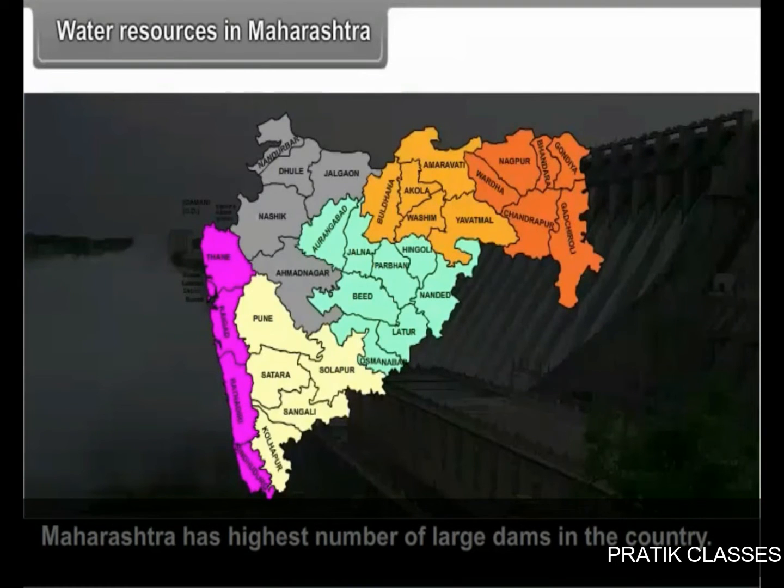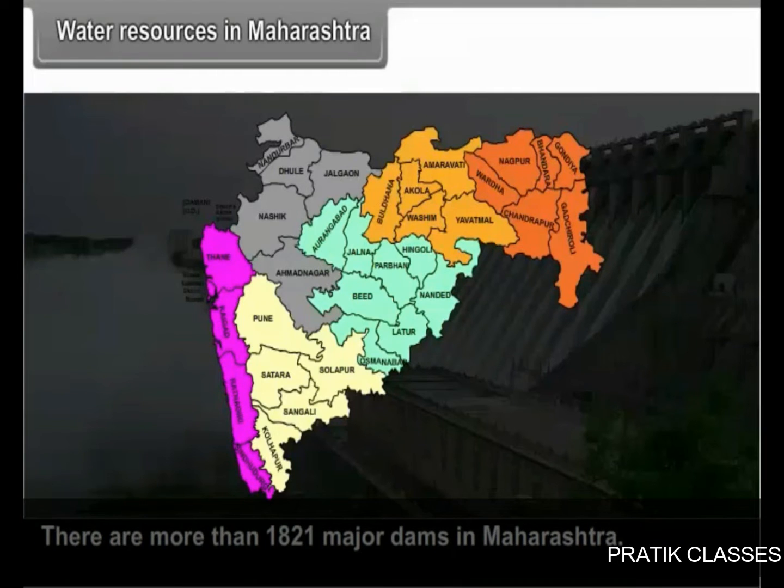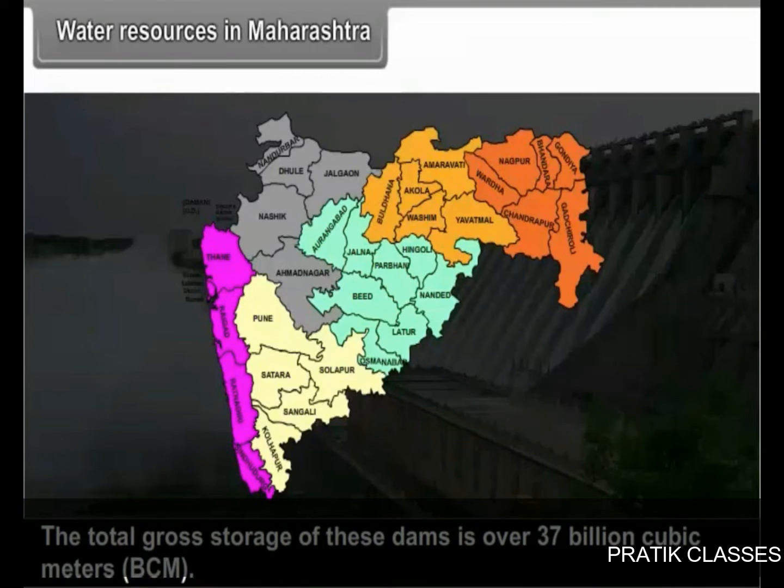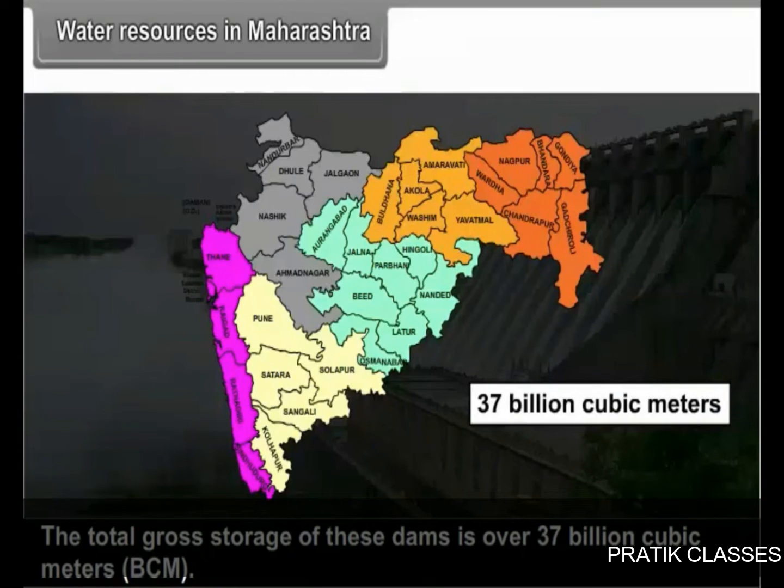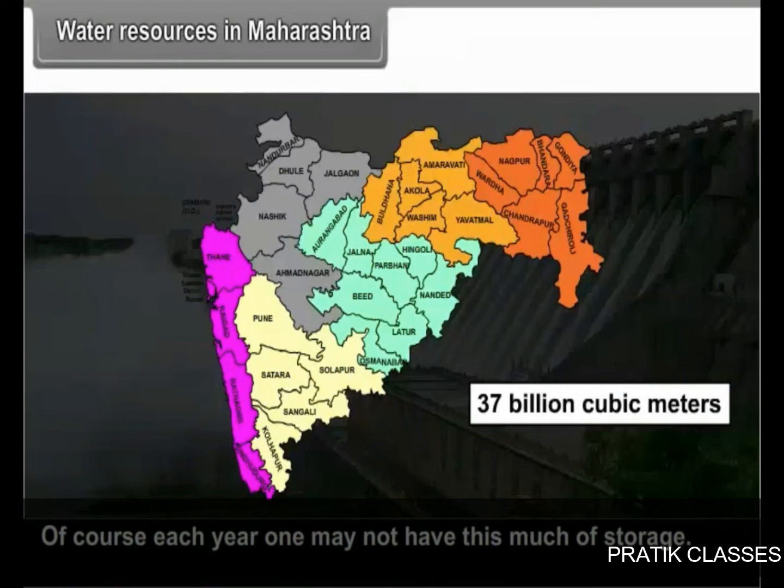Maharashtra has the highest number of large dams in the country. There are more than 1,800 major dams in Maharashtra. The total gross storage of these dams is over 37 billion cubic meters. Of course, each year one may not have this much of storage.